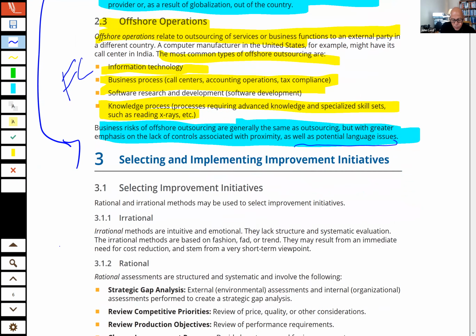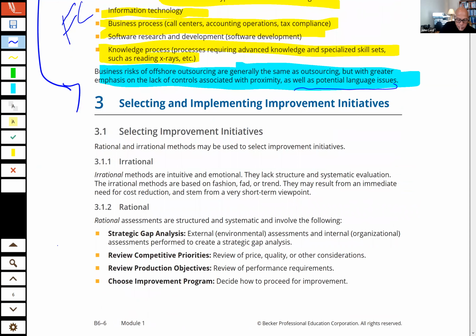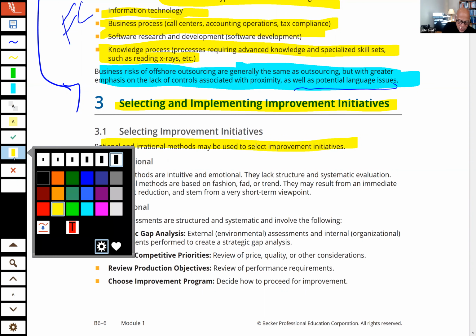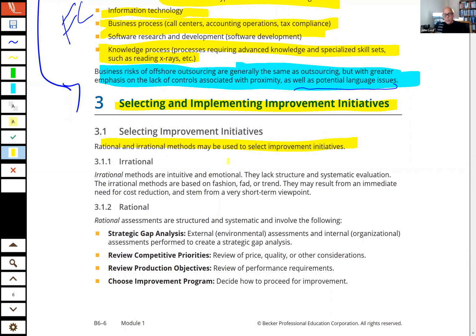Okay, all right, good. Now come over to selecting improvement initiatives. There is a rational approach and an irrational approach. I think saying it's irrational is a little harsh.